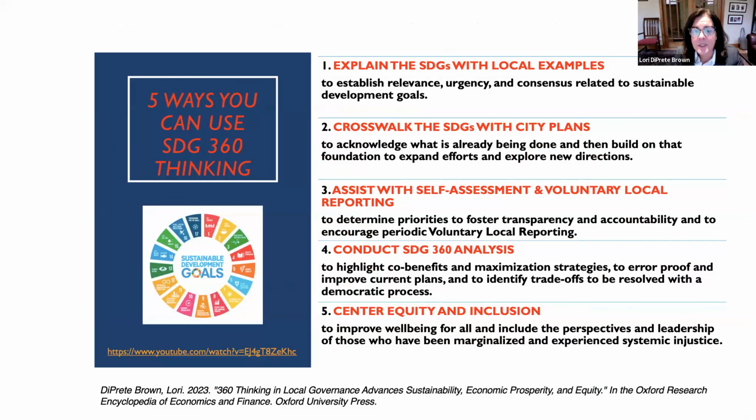So we really need to show whatever community we're working with that this illustrates what the SDG and the work there with local examples to establish its relevance, urgency, and that there can be consensus developed related to that SDG. So localizing with narrative and image and story so that it is about you. This is about you. And then that world will get larger like we saw and connect you to the world.